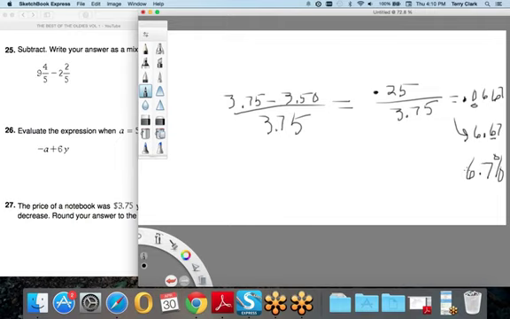So that 25 cents, when we divided it by 3.75, gave us 0.0667. We moved the decimal two places to the right, that gave us 6.67%. And then we rounded it to the tenth place, which is the first place value after the decimal, and that gave us 6.7%.